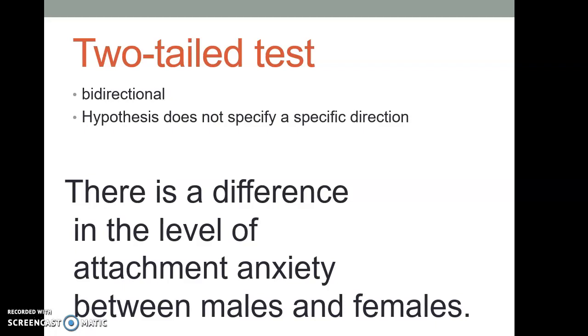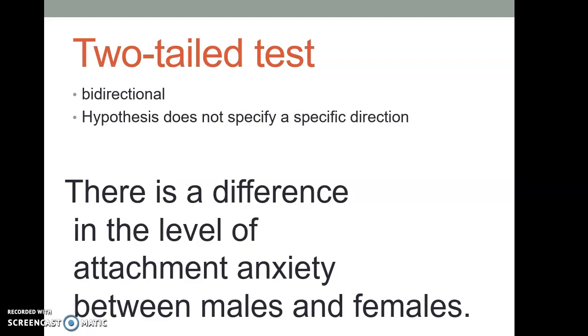in talking about a hypothesis on attachment anxiety between males and females, if this is a two-tailed test, then the statement would be there is a difference in the level of attachment anxiety between males and females.